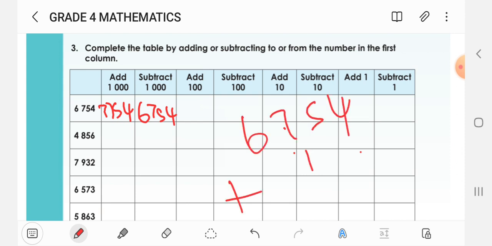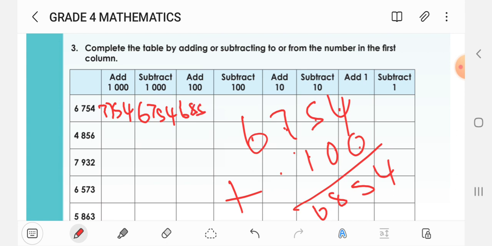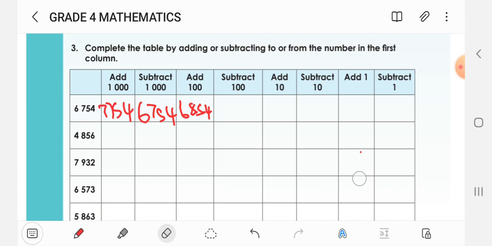Then we will add 100. So 4 plus 0, 4. 5 plus 0, 5. 7 plus 1, 8. And then 6 plus 0, that is 6. So we have 6,854. That's what we have there.